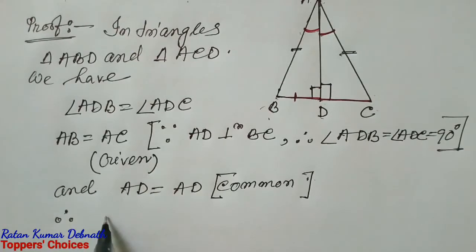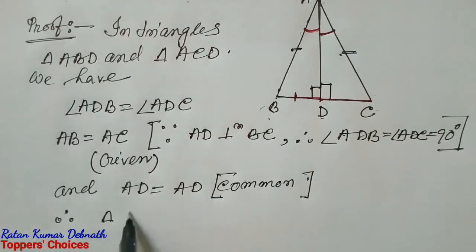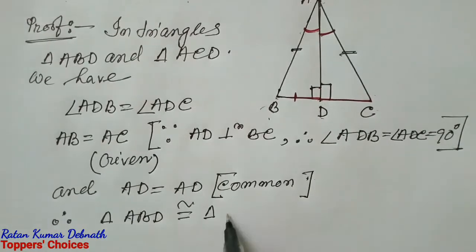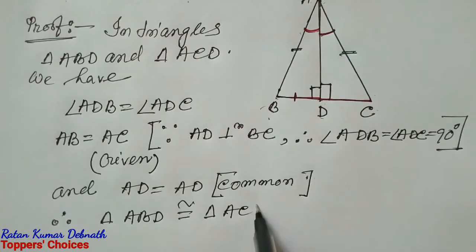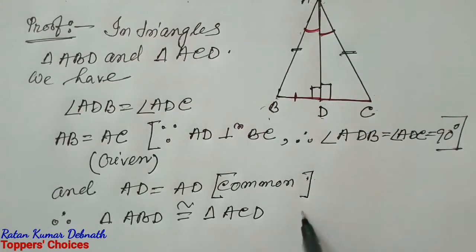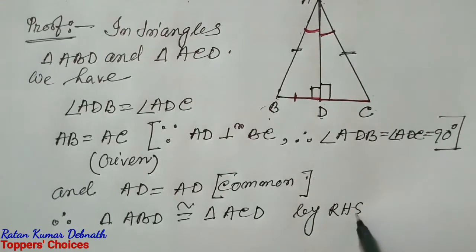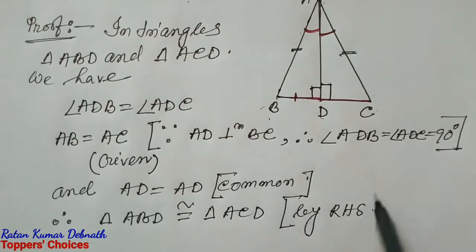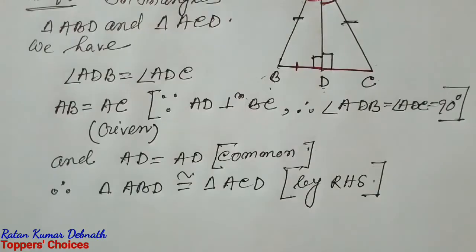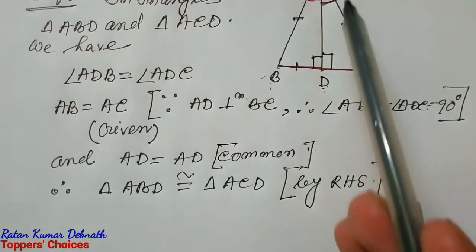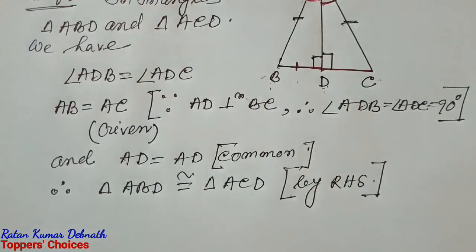Therefore, triangle ABD is congruent to triangle ACD by RHS congruent rule.